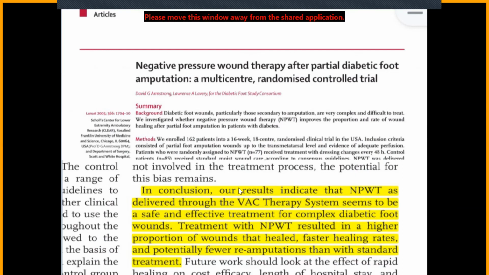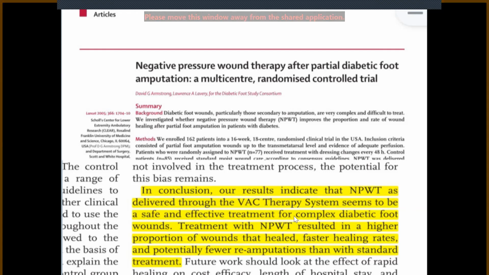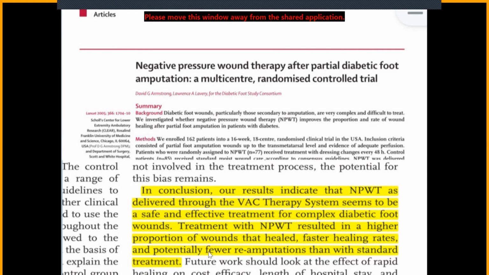The conclusion was, our results indicate that negative pressure wound therapy as delivered through the VAC therapy system seems to be a safe and effective treatment for complex diabetic foot wounds. Treatment with negative pressure wound therapy resulted in a higher proportion of wounds that healed, faster healing rates, and potentially fewer re-amputations than with standard treatment.